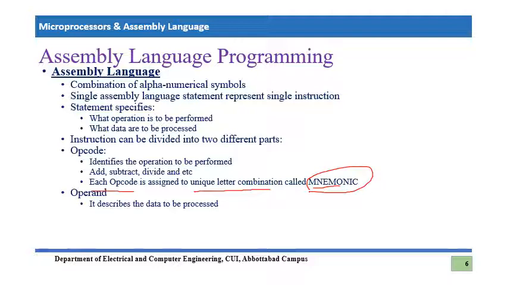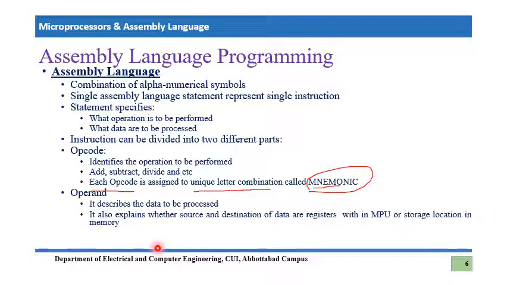The second part of the instruction is the operand, and what does it describe? It describes the data to be processed. It tells you, this is the data that you need to process. Remember, the opcode was explaining the operation; here the operand is explaining the data to be processed. It also explains whether the source or destination of the data is a register or storage outside the microprocessor, so it explains where the data is coming from.